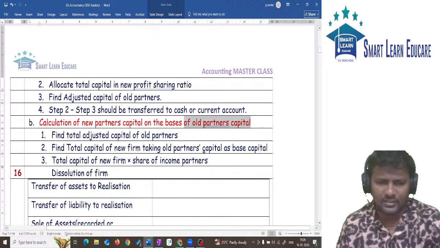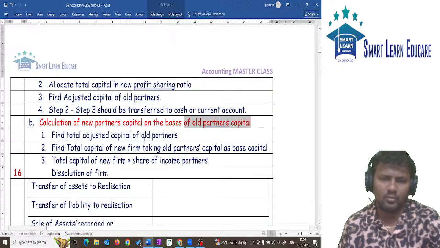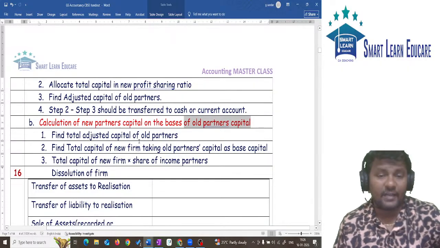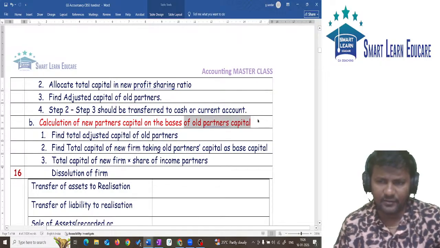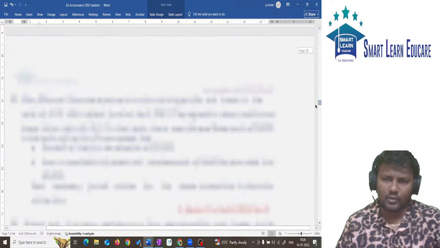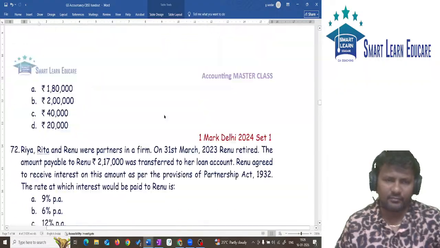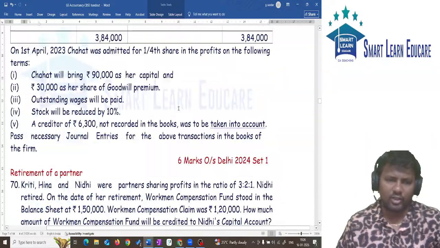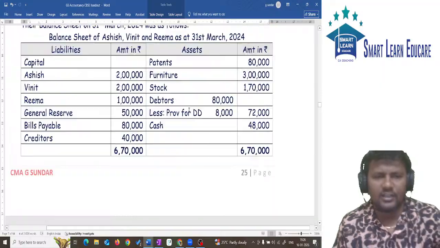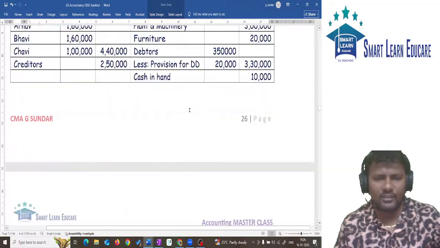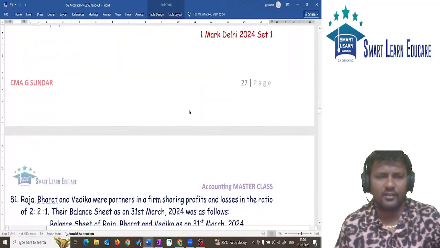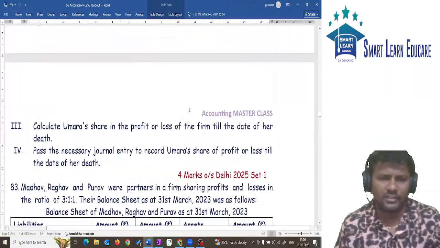So with this we completed up to retirement of partner. In the next class we will be solving some questions on death of partner. First we will have death-related introduction, and after that we will be solving death of partner. There are only a few sums in death of partner.